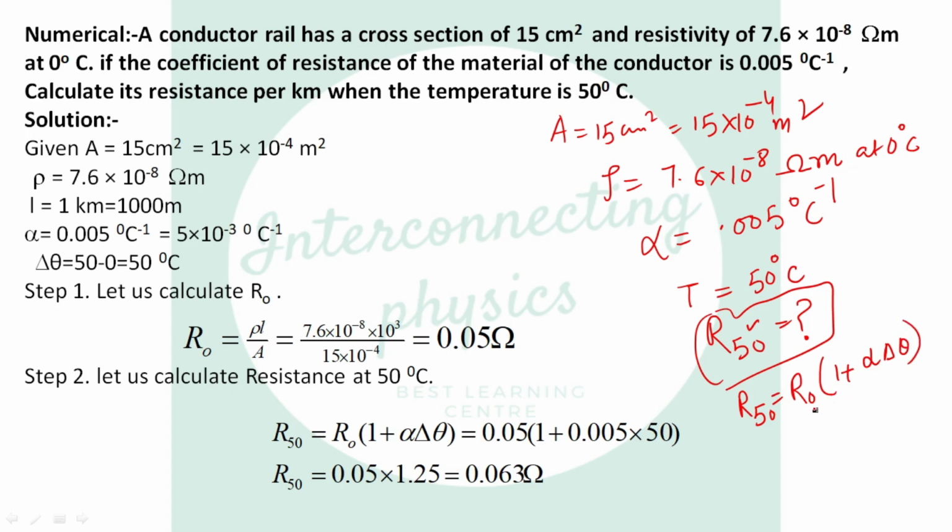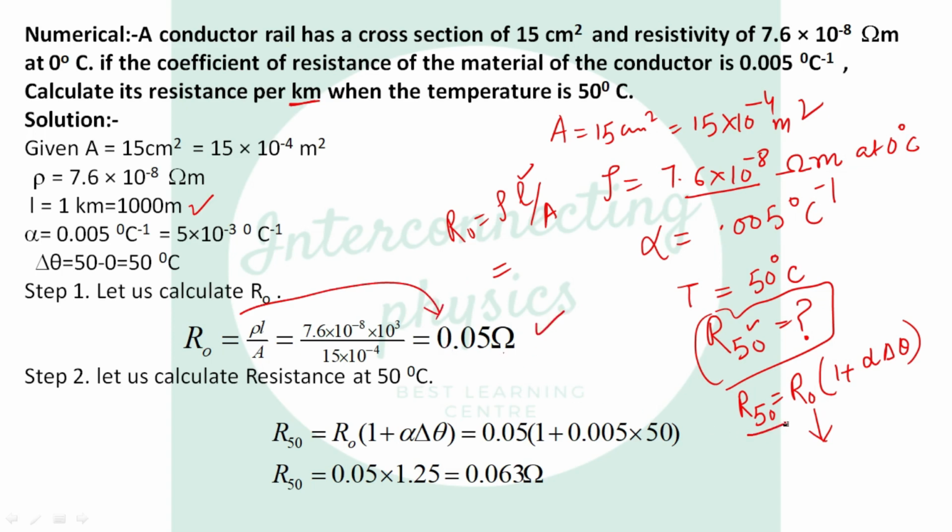So first of all we have to calculate R0. R0 will be rho L over A. What is rho? 7.6 × 10^-8 ohm meter. What is L? Per kilometer, so 1 kilometer, which means 1000 meter, divided by the area given, 15 × 10^-4 m². We get the value of R0 as 0.05 ohm.